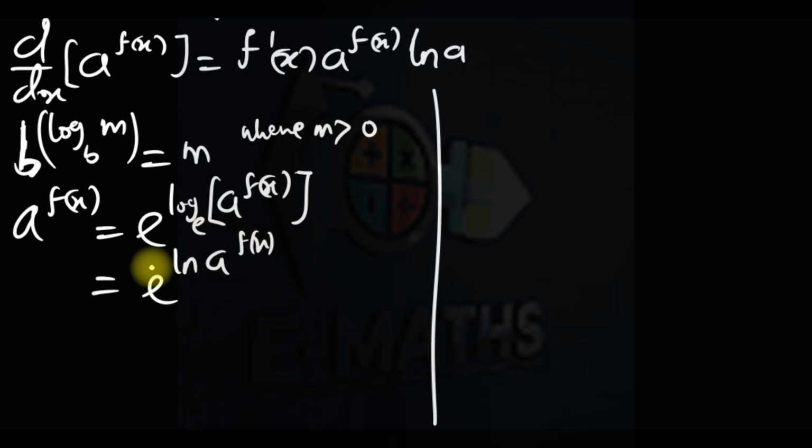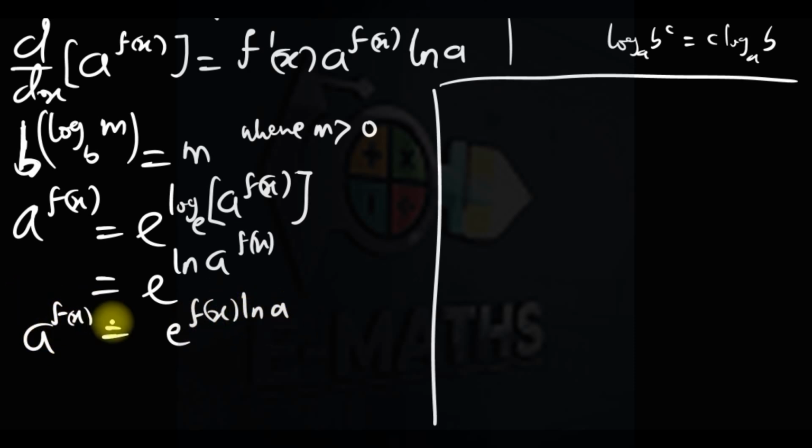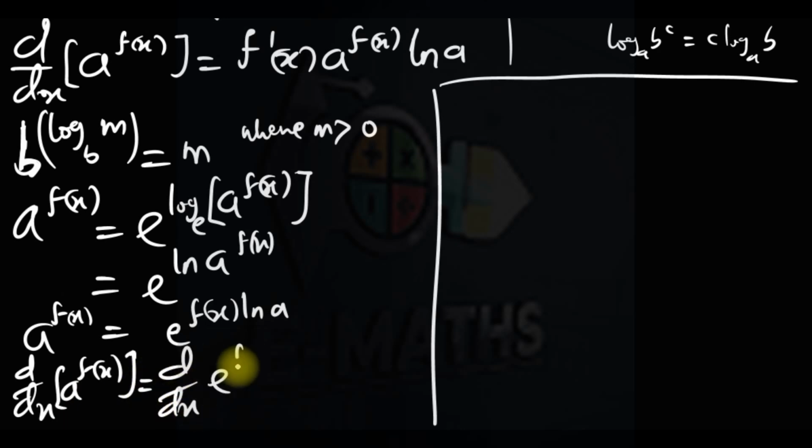And again, using laws of logarithm, do you remember that log of a to the power c is c log a? So I can write this as e raised to f x ln a. So if someone asks me to find the derivative of a raised to the power f x, it is the same as the derivative of e raised to f x ln a.